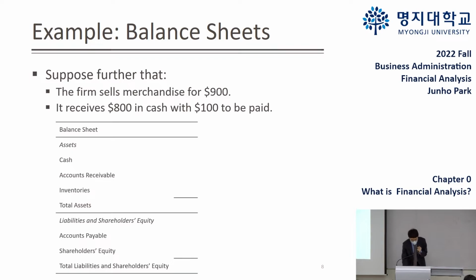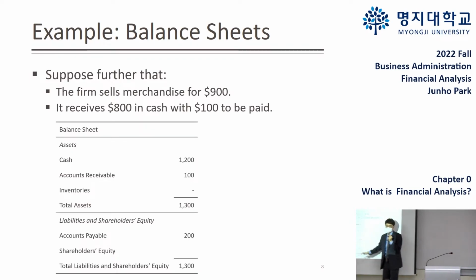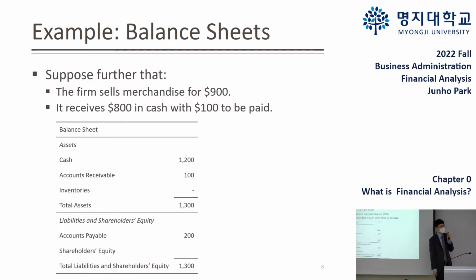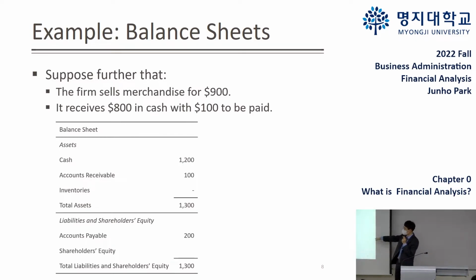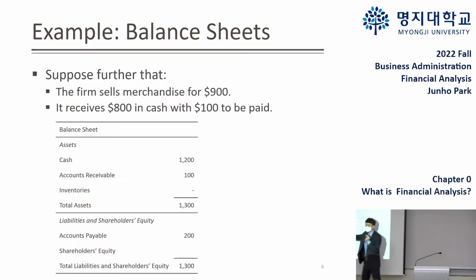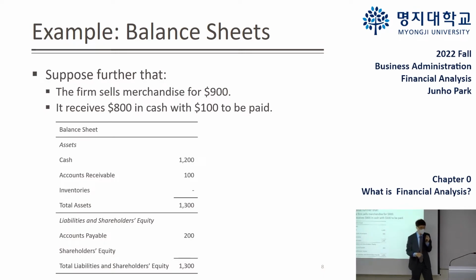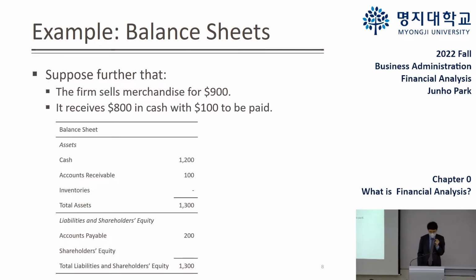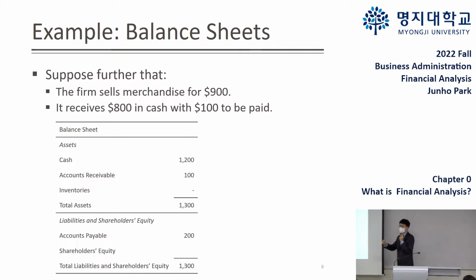So now what happens to your firm? Cash becomes 1,200. Before this transaction you had 400 cash, but now you received $800 in cash, so the cash becomes 1,200. And now you have a right to receive something in the future.